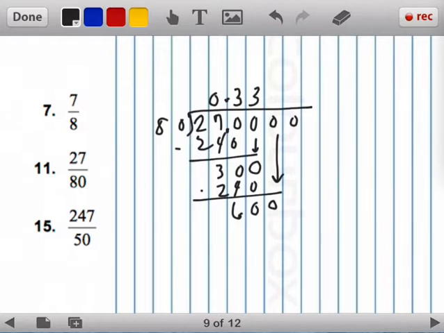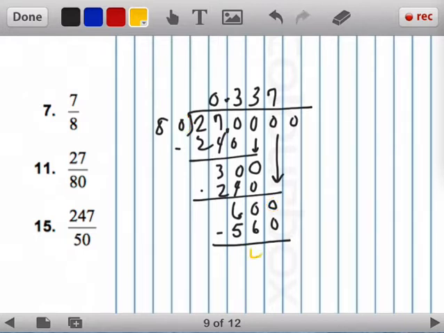80 goes into 600 7 times. 560. By the way, if you're not seeing what I'm doing, I'm kind of ignoring my 0 here and this number here, and I look at 8 goes into 60 7 times. So then 80 goes into 600 the same 7 times.